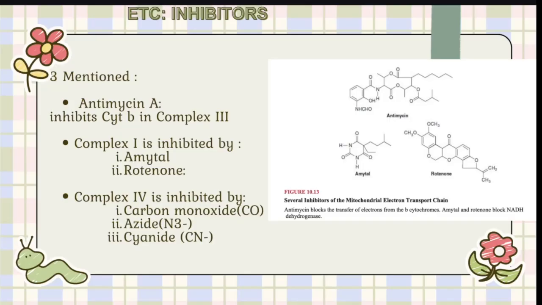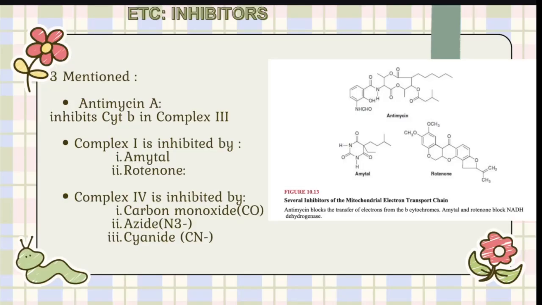We have three mentioned in your book. First is antimycin A, which inhibits cytochrome B in complex 3. Then we have amytal and rotenone for complex 1. And we have carbon monoxide, azide and cyanide for complex number 4. So this is basically memorization, okay?